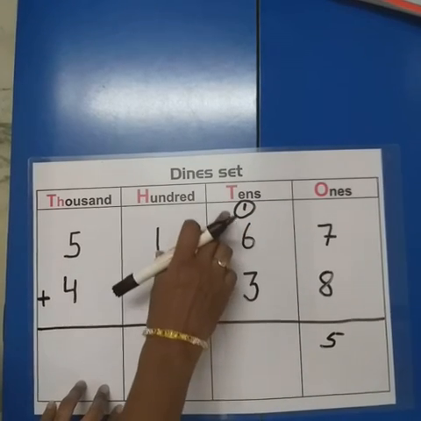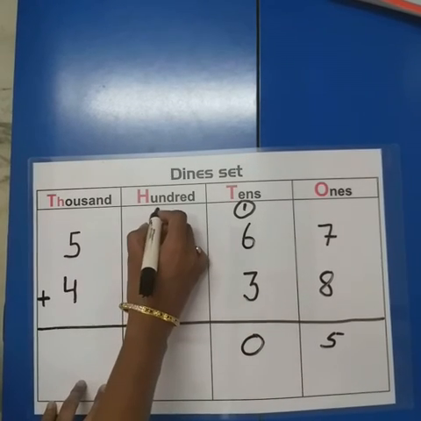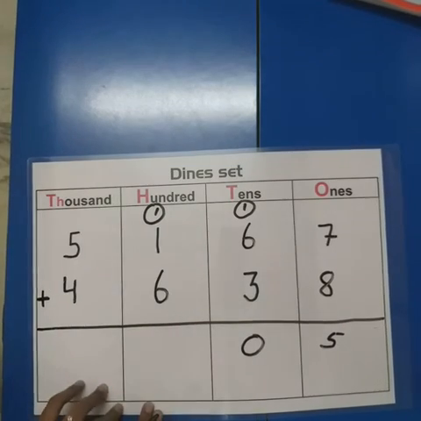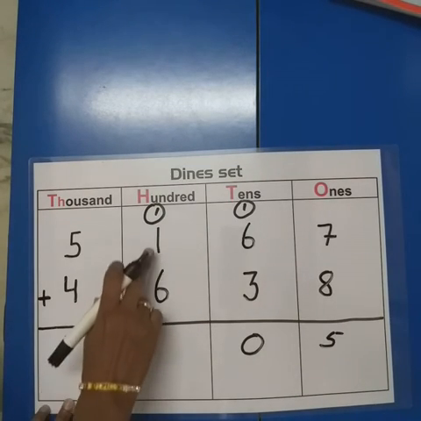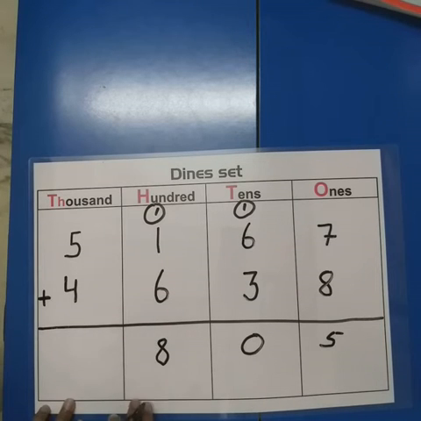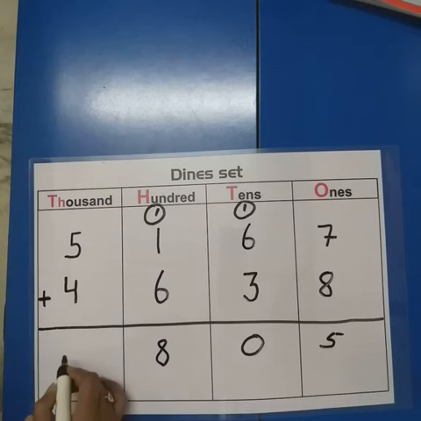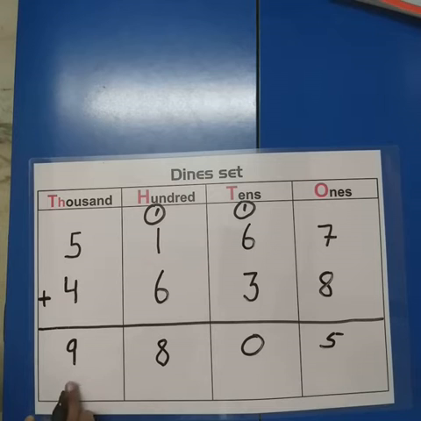Now we have 6, 3 and the carry, it will become 10, and we have one carry again to the hundreds place. We have 1, 6 and the carry. In the thousands place, 5 and 4 will become 9. This is our normal sum, 9,805. If we are doing an estimating sum, that means we have to round off to the nearest thousand.